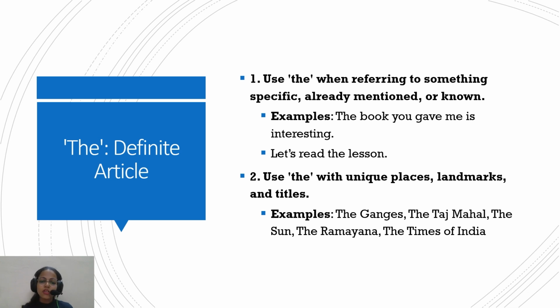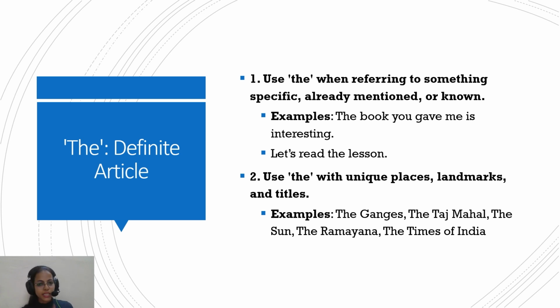Okay. Now the second rule says that use the with unique places, landmarks and titles. So the Ganges, the Taj Mahal, the Sun, the Ramayana, the Times of India. All these unique places, titles and landmarks should always be followed by the.